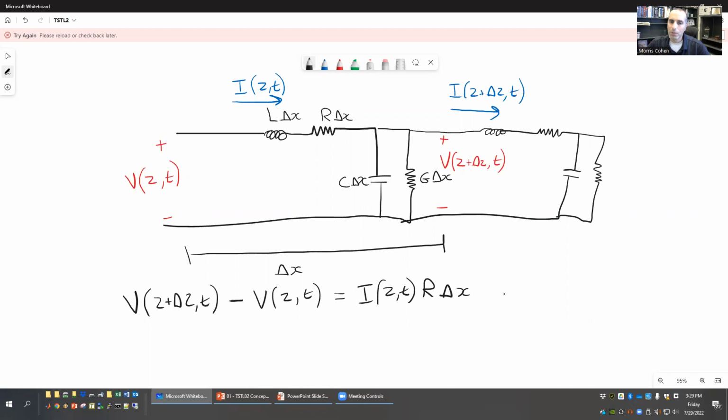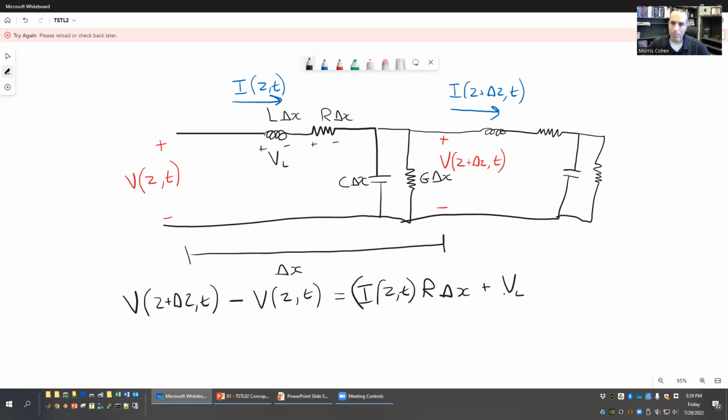This will define the voltage drop across the resistor, defined in this way. And there's also going to be a voltage across the inductor, right? Let's just write that as VL.